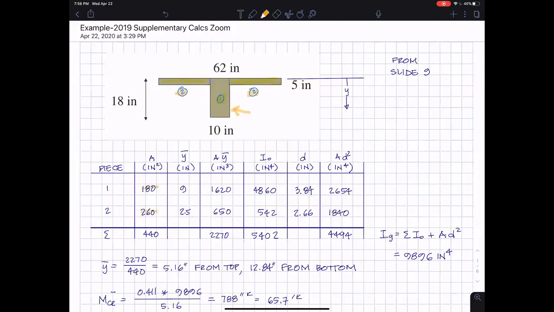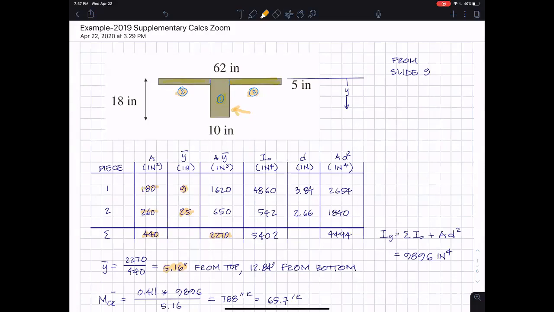I'm measuring Y from the top, so the centroid of that 18-inch rectangle is 8 inches down, and the centroid of the 5-inch flange is 2.5 inches down. And the centroid is the sum of A times Y, all divided by the sum of A. So I add up A times Y, and I divide it, and I get the centroid is 5.16 inches from the top, or 12.84 inches from the bottom.